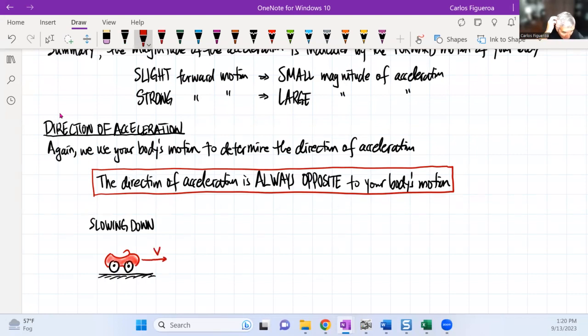So if your car is going forward, we know that the direction of your body goes in that direction. So then this tells us here that the acceleration is in the opposite direction.